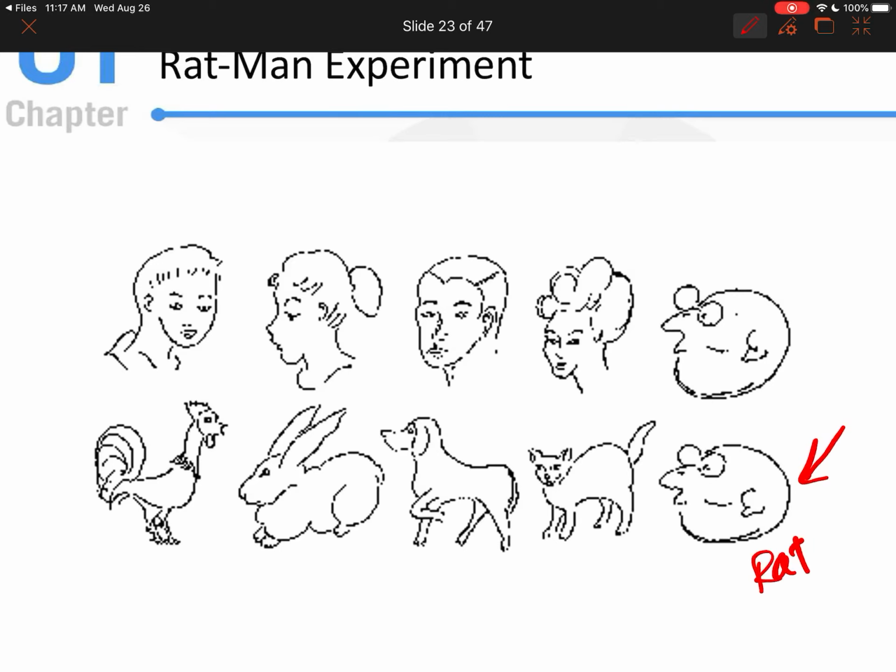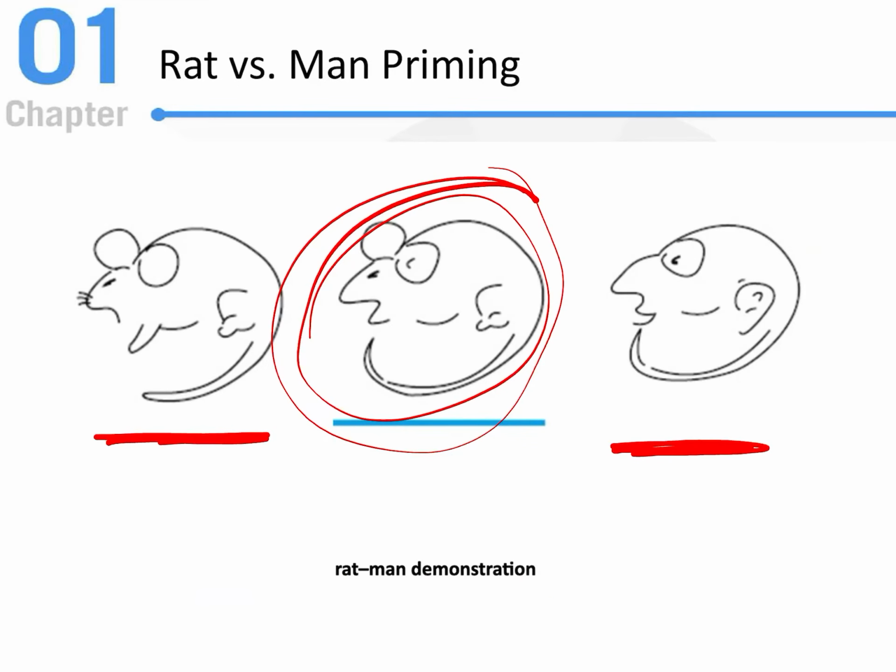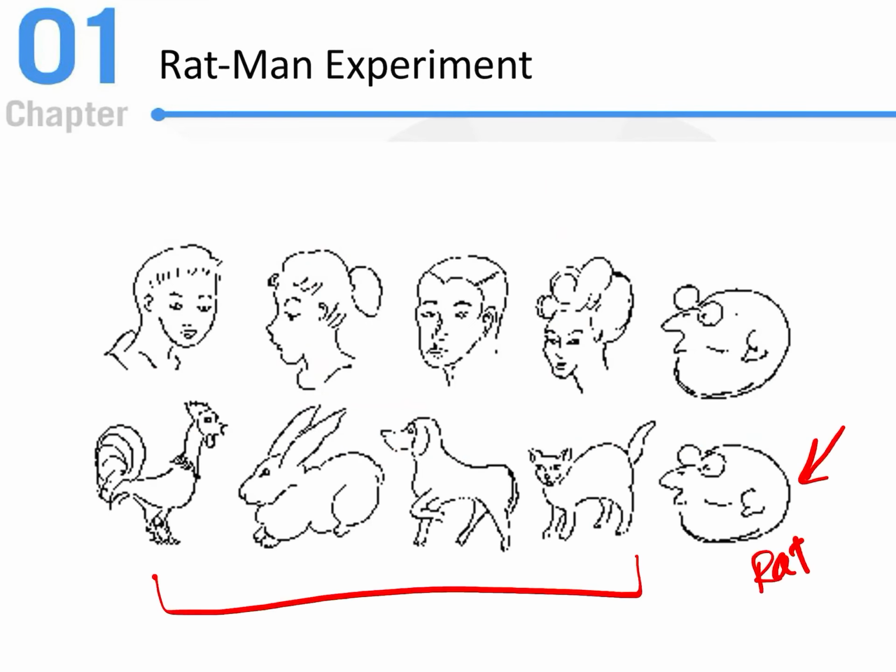So if the person was exposed to 4 animal pictures prior to seeing the ambiguous in-between picture, which is what we talked about right here, this sort of in-between, okay? Then, if they saw 4 animals prior to it, 100% of the time, that group saw a rat.